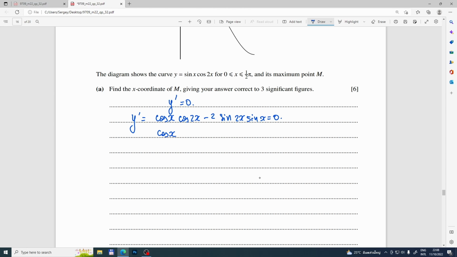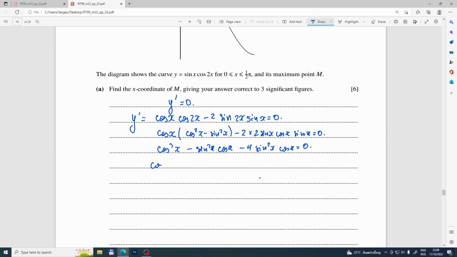And we'll get cosine x times (cosine squared x minus sine squared x) minus 2 times 2 sine x cosine x, again times sine x, equals 0. Now expand the brackets and we'll get cosine cubed x minus sine squared x cosine x minus 4 sine squared x cosine x equals 0.